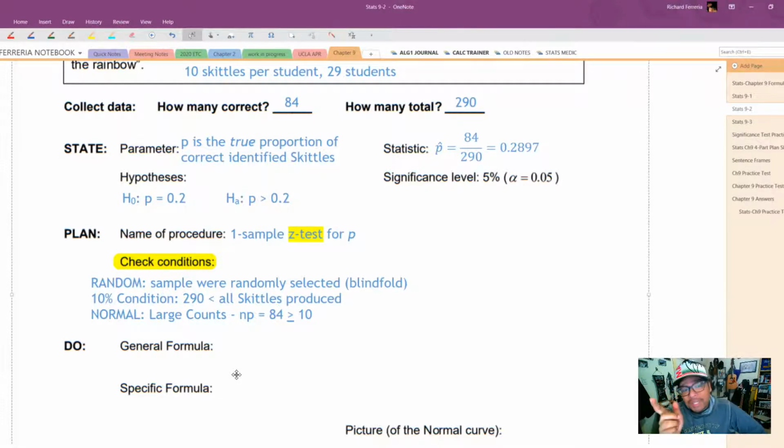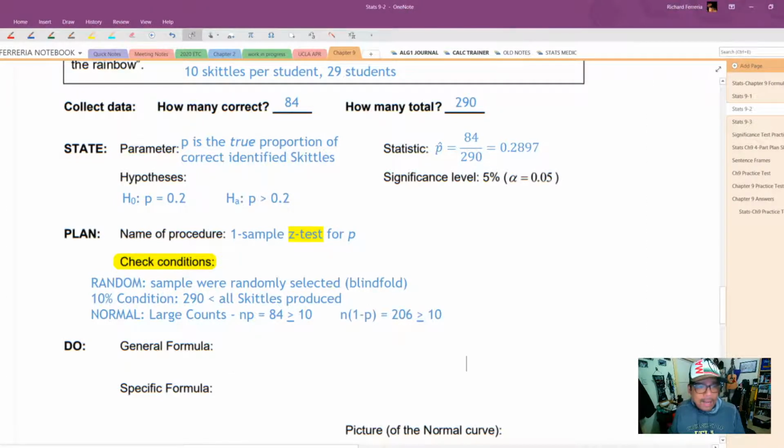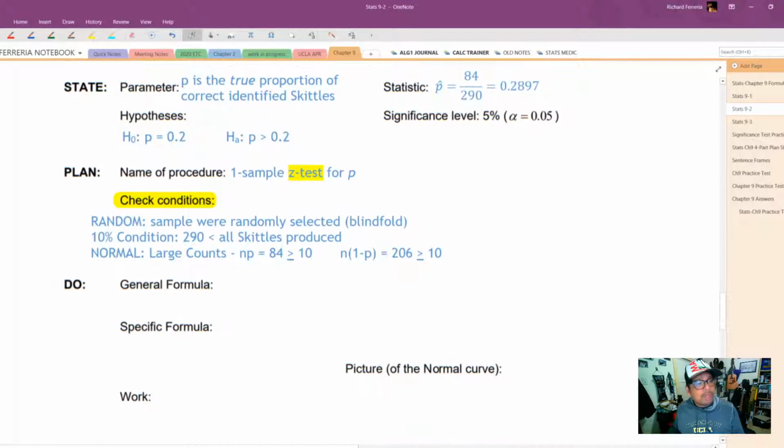So the number of successes is always the same thing as np. So 84 is definitely greater than or equal to 10. And then n(1 minus p) is just the number of failures. So if there were 84 successes and there were 206 incorrect guesses, that's also greater than or equal to 10. So all the conditions have been checked, and we're ready to go to the do part.